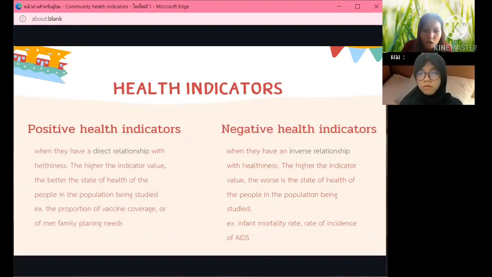Example, the population vaccine coverage. And next, negative health indicator. When they have an adverse relationship with healthiness, the higher the indicator value, the worse the state of health of the people in the population being studied. Example, infant mortality rate.